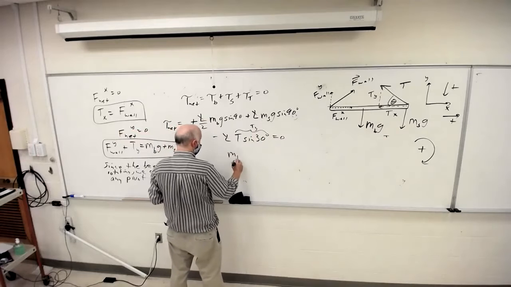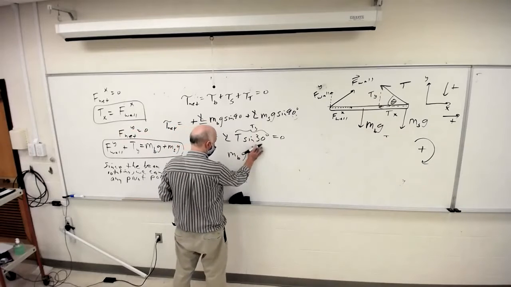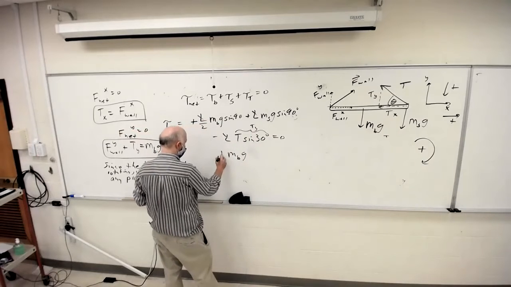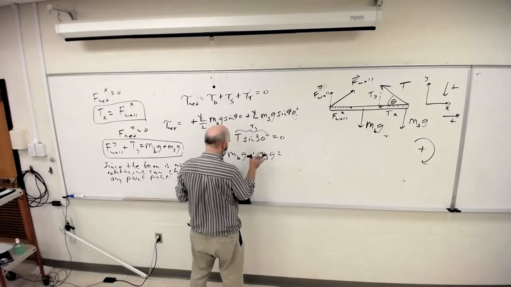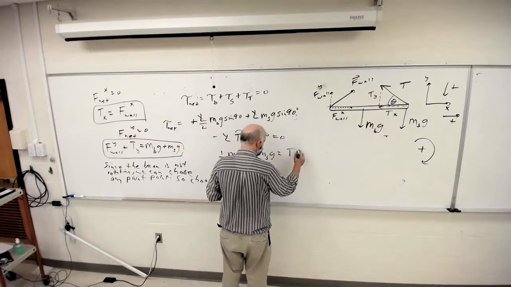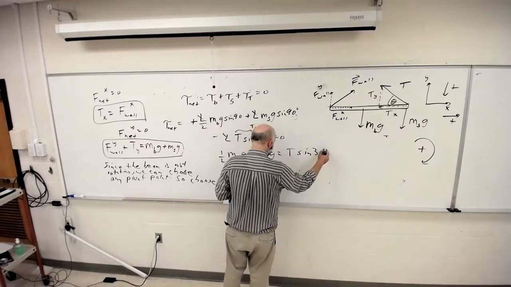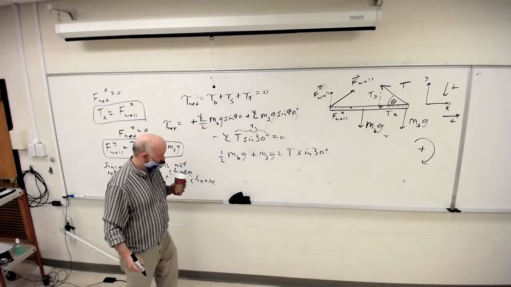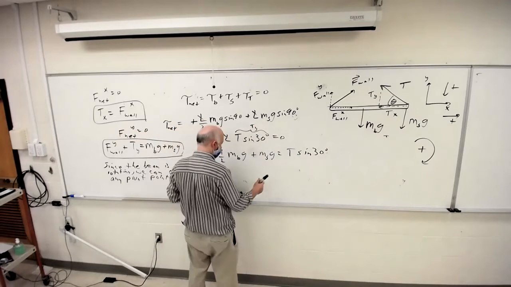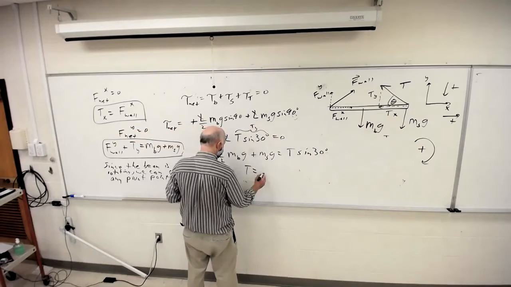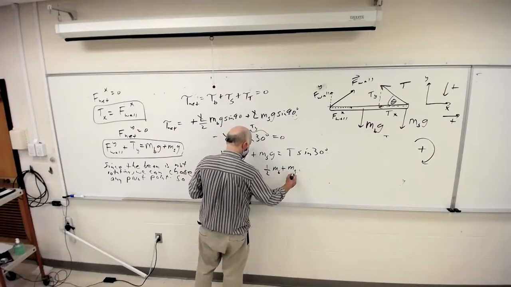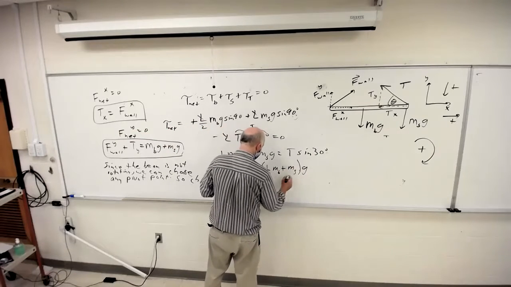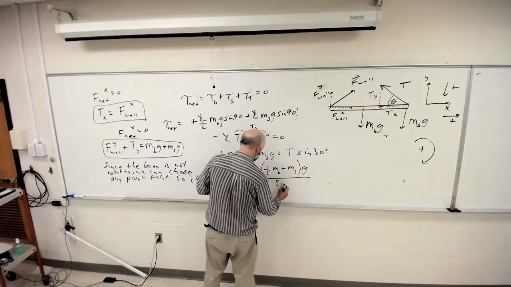This gives me M beam g times the sine of 90, which is 1, times a half, plus this guy here, M sign g. Take this to the other side, factor out the g, and divide by sine 30. So T is one half M beam plus M sign, times g, over the sine of 30 degrees.